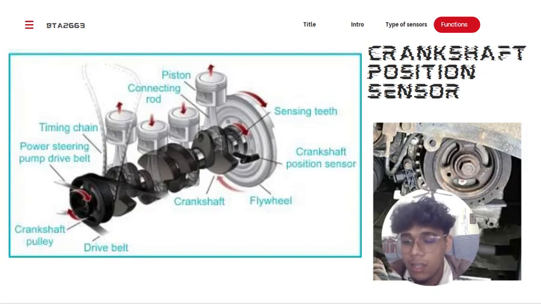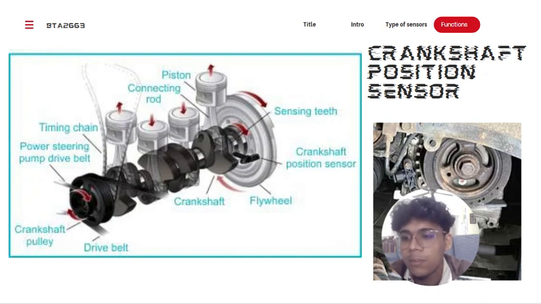Crankshaft position sensors are most often either Hall effect, which has three wires, or variable reluctance, which has two wires. Although they work slightly differently, both rely on the basic principle of electromagnetism to read a trigger wheel made from a ferrous metal. This trigger wheel has one or more teeth missing as sensing teeth. Whenever the sensing teeth pass in front of the sensor, it changes the signal that the sensor sends to the ECU.